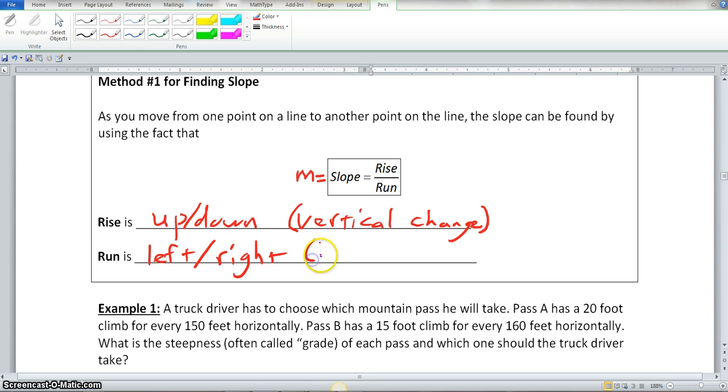And this is your horizontal change. Now, putting this in terms of ordered pairs, vertical change deals with y values, so your rise deals with your y values. And the horizontal change going left to right deals with your x values.